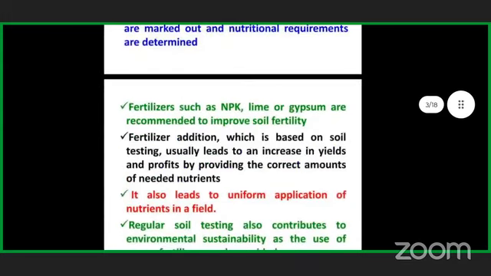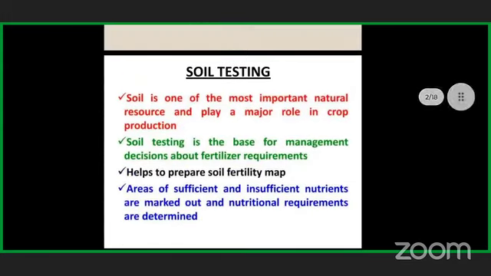We know that soil is very important for all of us, and soil testing is the base for the management practices of our soil. Through soil testing, we can know how much of the nutrients we need to put into our soil, and which practices we are doing unknowingly that are degrading our soil.